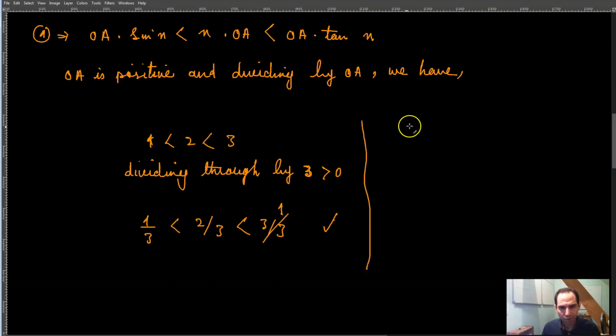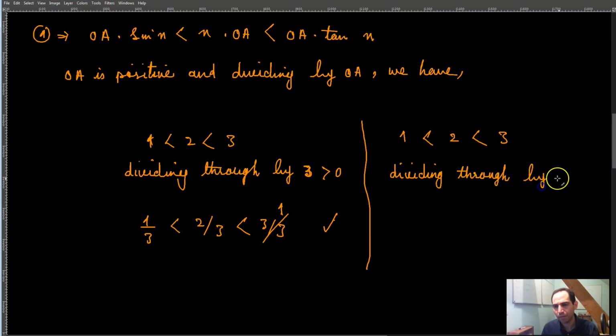Now with the same inequality, 1 is less than 2 is less than 3, if I divide through by negative 3, which is less than 0, we have negative 1/3 less than negative 2/3 less than negative 3/3.